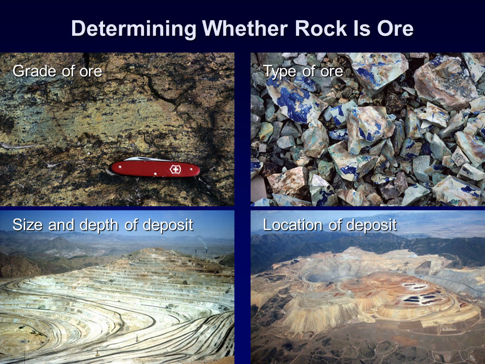The location of a deposit, the proximity to infrastructure, so how far ore has to be transported, and the politics and environmental issues involved also determines whether a rock is ore. So for example, if there is a gold deposit right by Phoenix, then that might be ore.